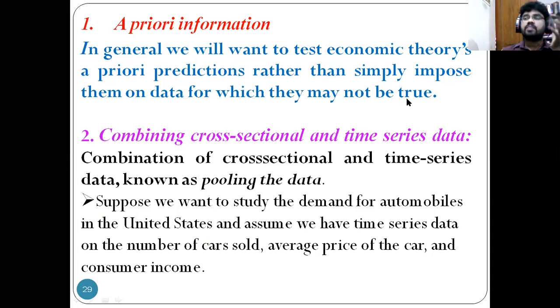Sometimes we need to test our economic theories also. For example, consider consumption as a function of income. Consumption depends on income, so consumption is the dependent variable and income is the independent variable.